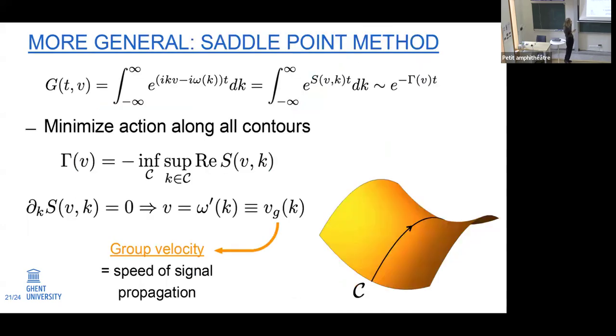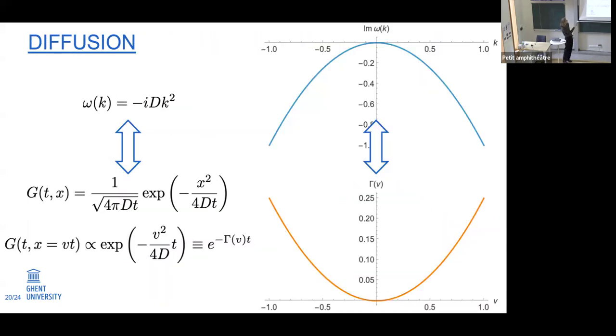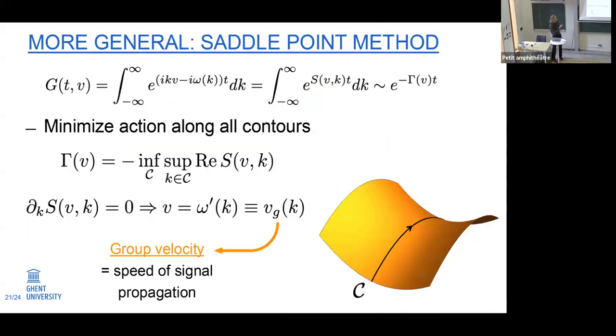So here I just had an analytic expression, but usually, if you're looking at a more complicated dispersion relation, we don't actually know what the real space correlation function looks like analytically. So how we would calculate it is by this definition of your correlation function in real space and time with this velocity v. And we can actually see this as some sort of an action depending on velocity and the wave vector.